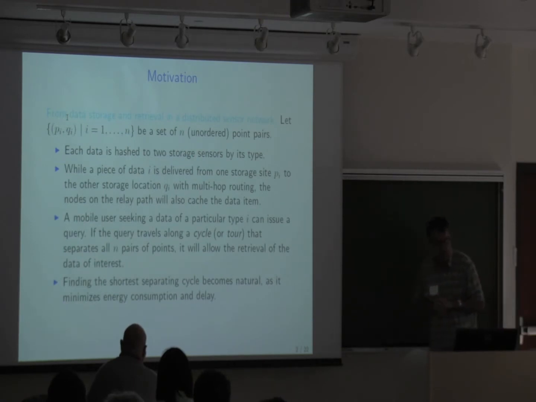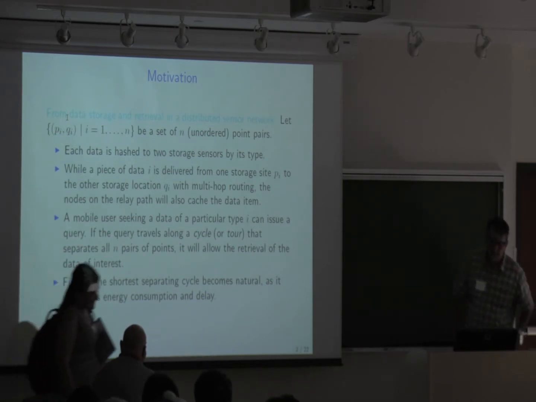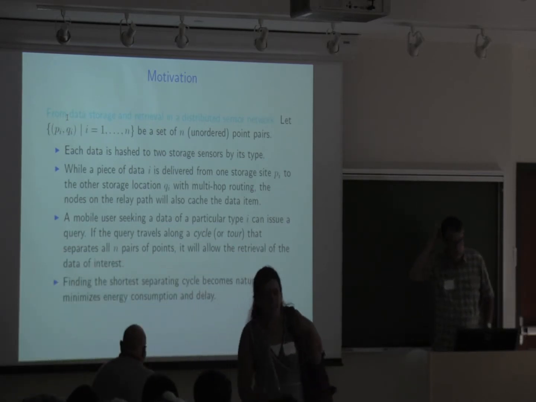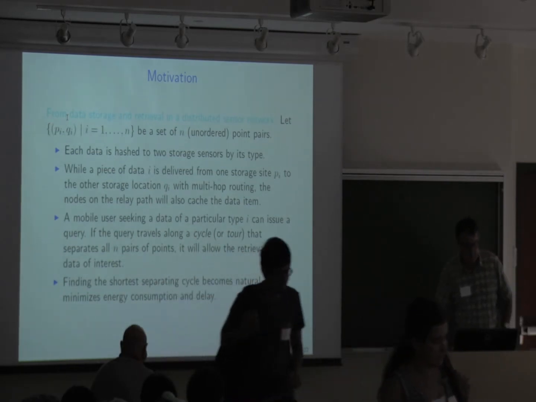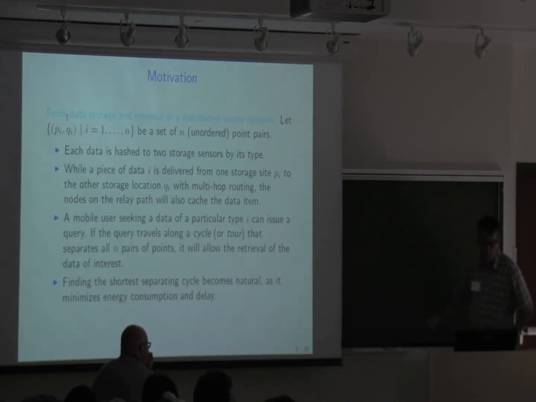Some motivation I want to insist on. It's from the area of data storage and retrieval in basically central networks, where each data item is fetched to 2 different places, and then a mobile user seeking data of a particular type can issue a query, and if the query travels along the cycle that separates the pair of points, it allows the retrieval of the data of interest.